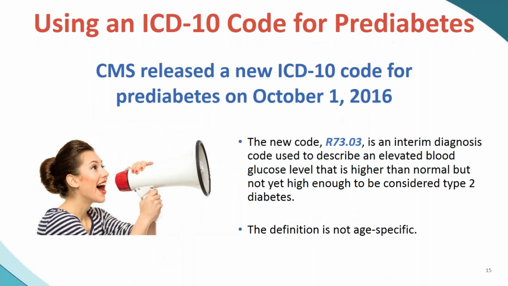And so what we're going to do now is look at the coding related to the prediabetes area. So if you run the prediabetes screen, or you have the patient take it, and you see that they fall into this at-risk category, what do you do about it? Well, there are several things that you want to do. First of all, you want to make sure that you enter an interim diagnosis code of R73.03, and this will indicate within your system that this patient had elevated blood glucose but not high enough to be considered diabetic.